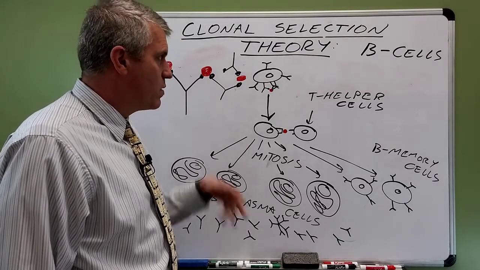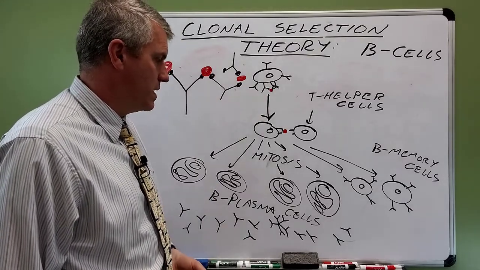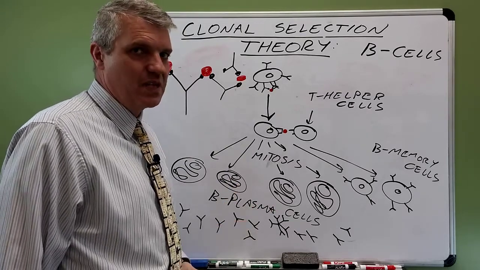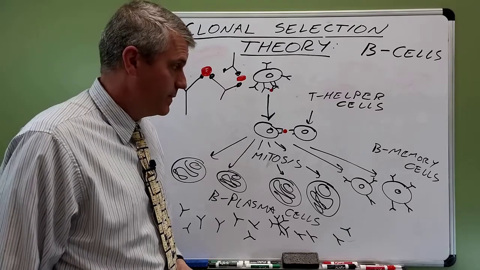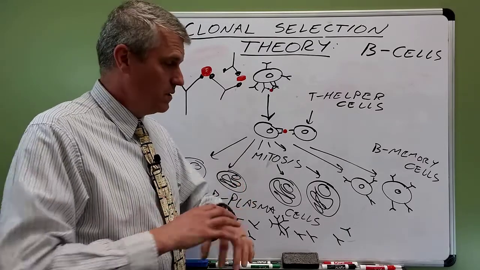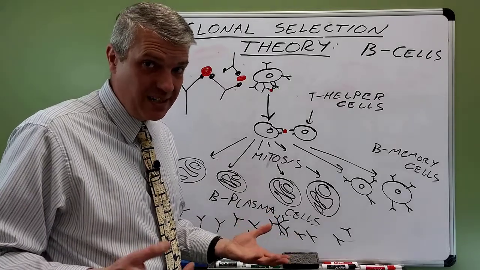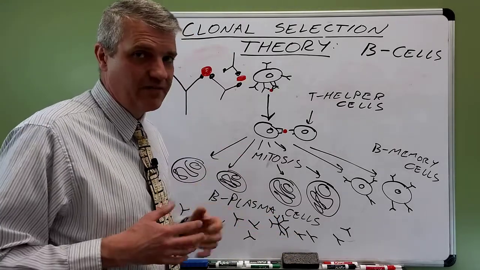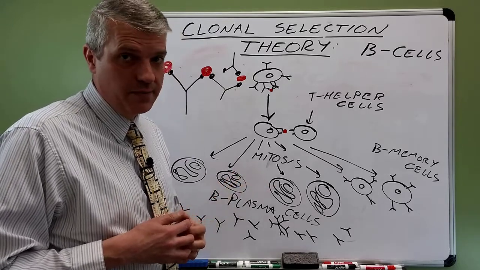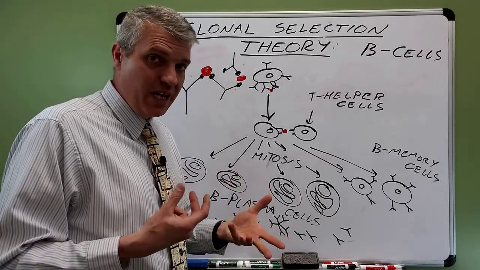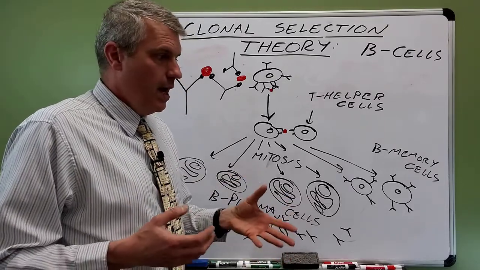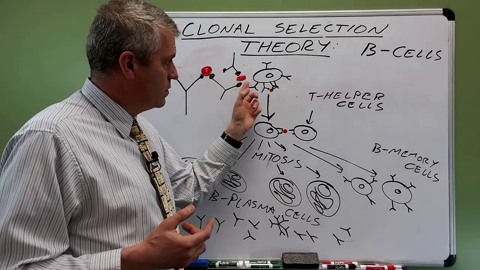And again, the wondrous thing about clonal selection theory is it explains why it is that you never catch the same virus twice. Usually, you will catch that particular virus, your body will defend itself against it, and you'll never catch that virus again. And it also explains why immunizations work. When we give you an immunization, we're injecting you or delivering in another way an antigen.